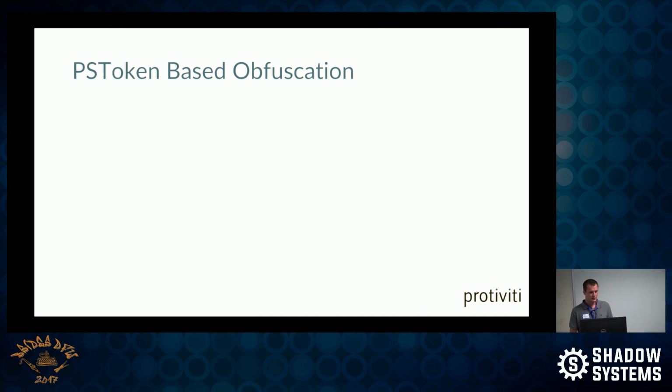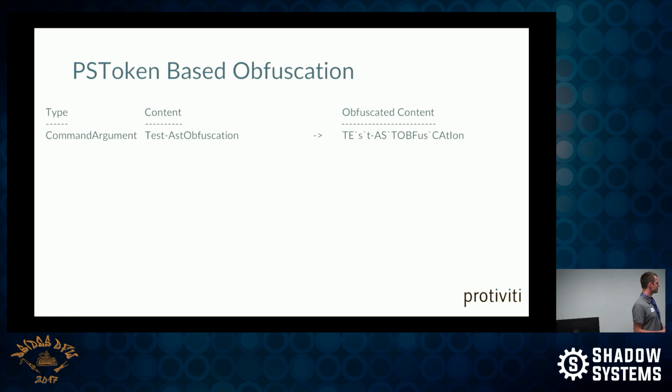But first, let's take a look at how the traditional PowerShell token-based obfuscation works before we do the AST-based. Basically, the way it works is it iterates over every single token in the script and obfuscates them in isolation and then combines them all back at the end. So with that example script, we'd first get a command argument token and we'd say, okay, we know we can insert tick characters into this.